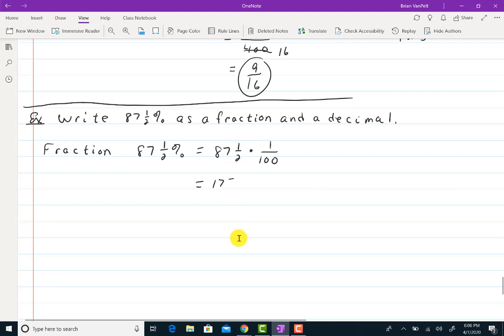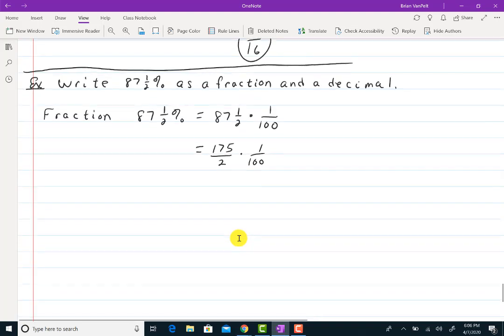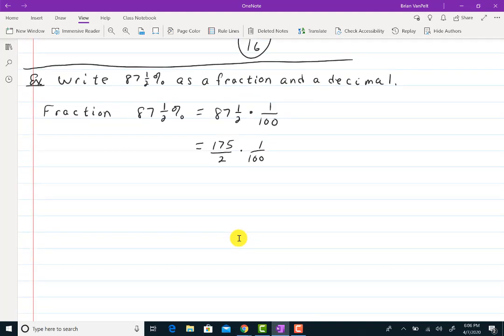So you get 175 over 2 times 1 over 100. And then I'm going to do some simplifying before I multiply it together. I noticed that 25 goes into 100 4 times, and 25 goes into 175 7 times. And so it looks to me like we get 7 over 2 times 1 over 4, which is 7/8.